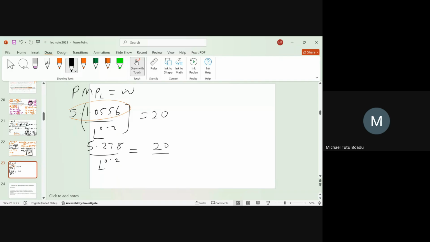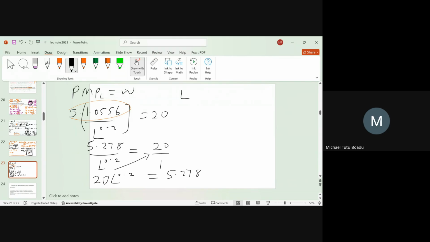So cross multiply, you have this times this, which is 20 L to the power 0.2 is equal to 5.278. Make L to the power 0.2 the subject, so we divide through by 20.